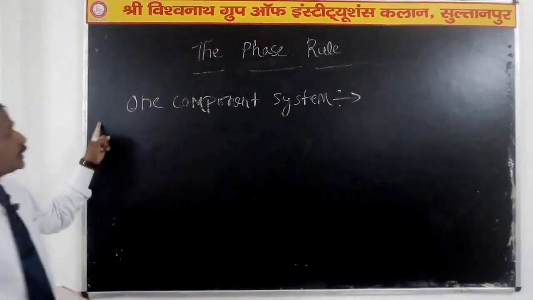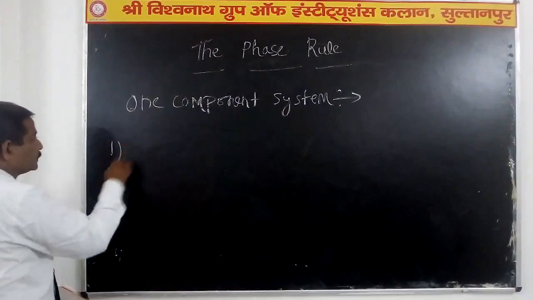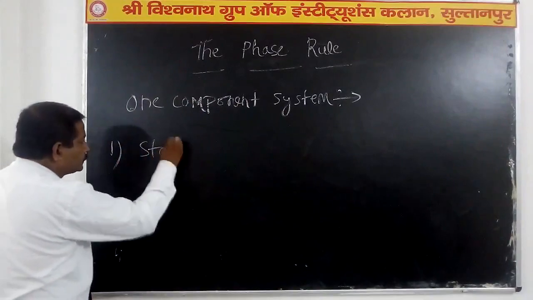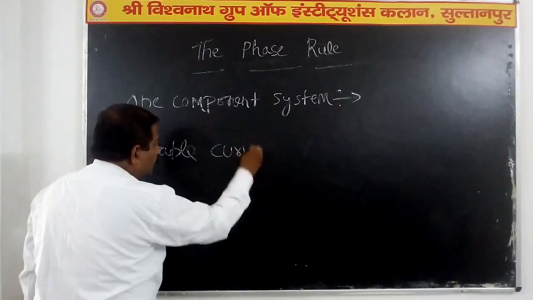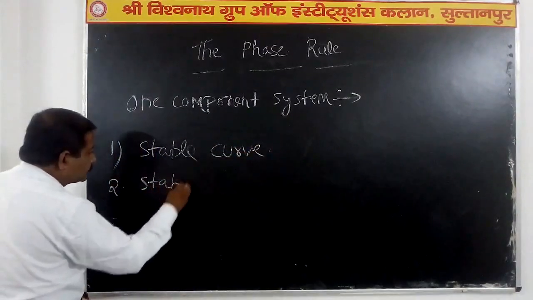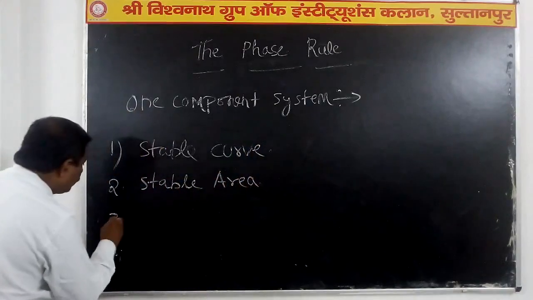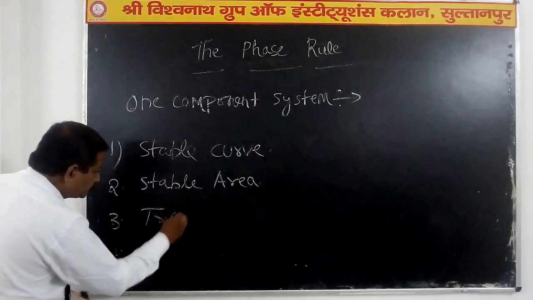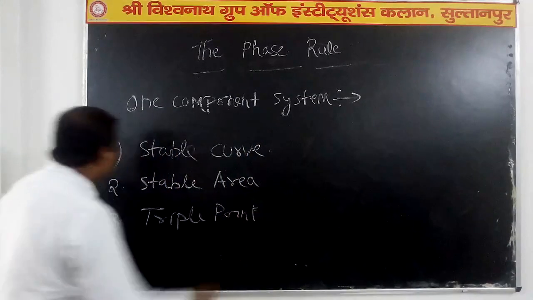The important features of the one component system are three. The first one is the stable curve, the second one is the stable area, and the third one is the triple point. Let us take them one by one.